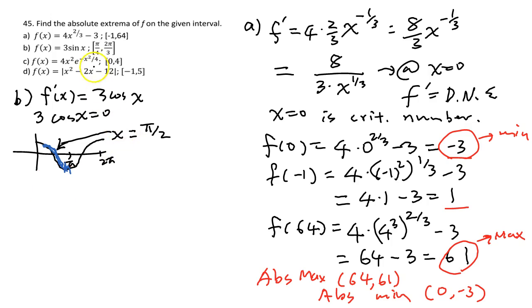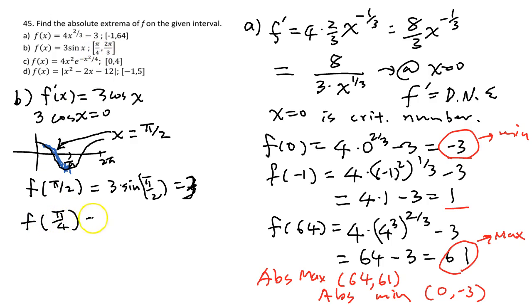Okay, now all we have to do is evaluate the function at the critical number and also at the boundaries. F of pi over 2 is 3 sine pi over 2. Sine pi over 2 is 1, so that gives you 3 times 1, which is 3. And then f at one boundary point, pi over 4, gives you 3 times sine of pi over 4, which is 3 times root 2 over 2.